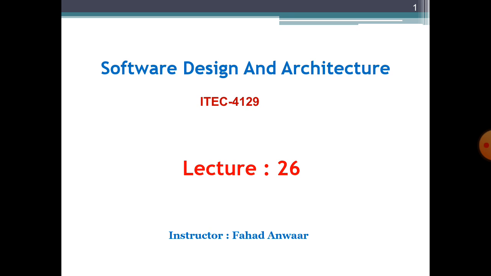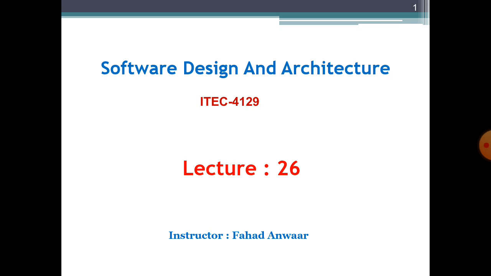So up to here our different categories of architectural patterns or styles come to an end, and we comprehensively looked into the details of all of these architectural patterns or styles which are currently being utilized by the industry.